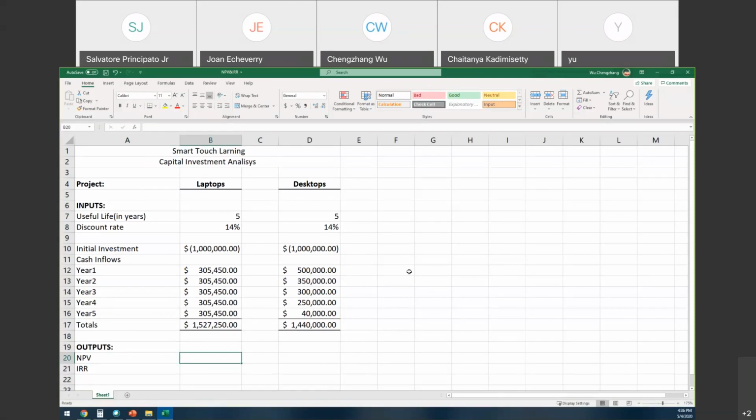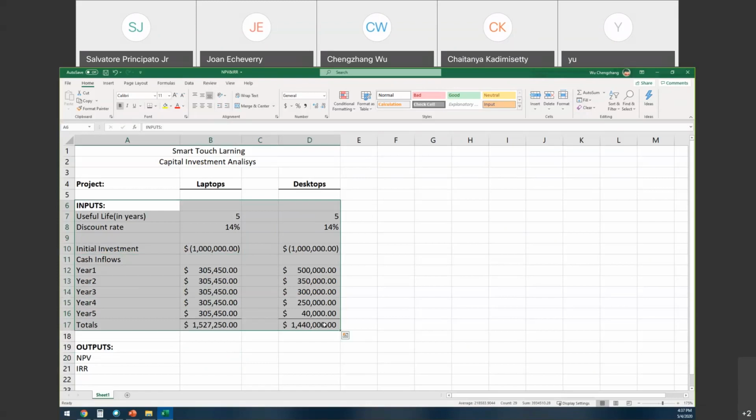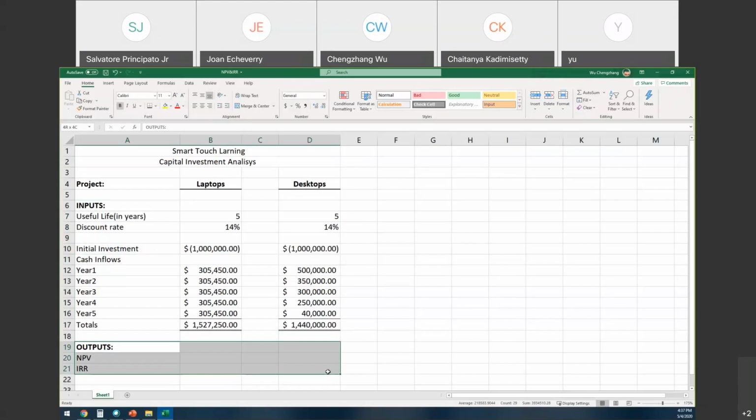One method of setting up this spreadsheet is to have the areas of the spreadsheet designated for inputs and outputs. So in this example, this area is the inputs, and this area displays the outputs.